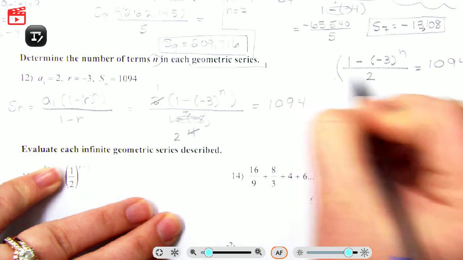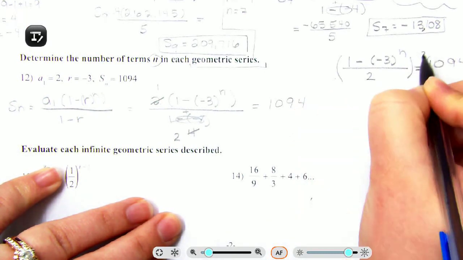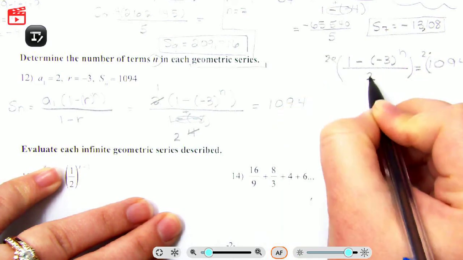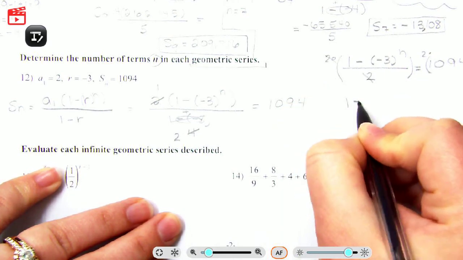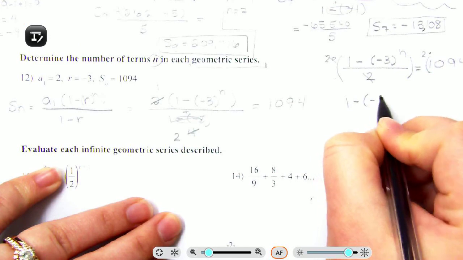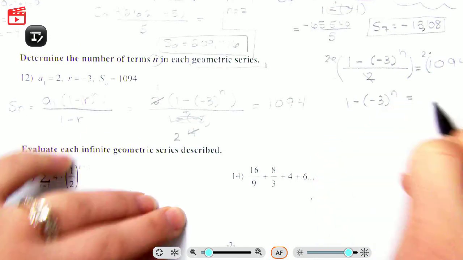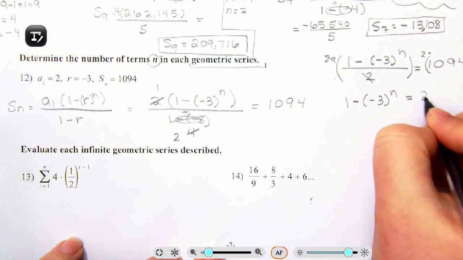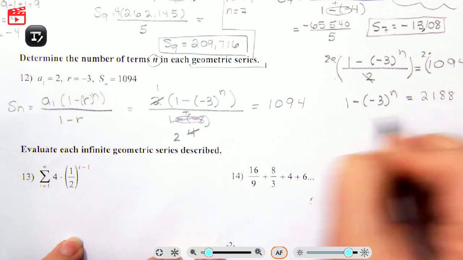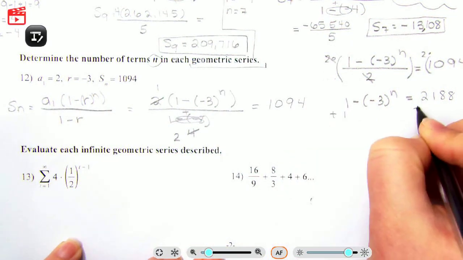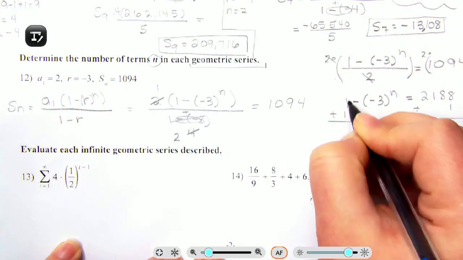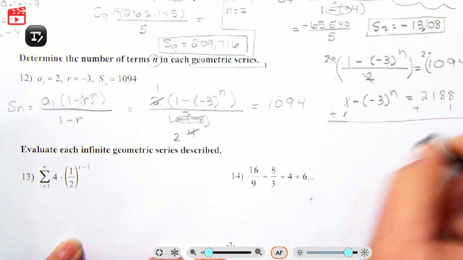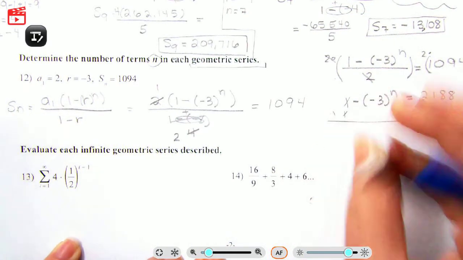I'm going to multiply both sides by 2 to get rid of my denominator. So 1 minus negative 3 to the n power is equal to 2 times 1094. That gives me 2188. Subtracting 1 from both sides. So this one goes away. Oh, subtracting. Excuse me, I am subtracting.